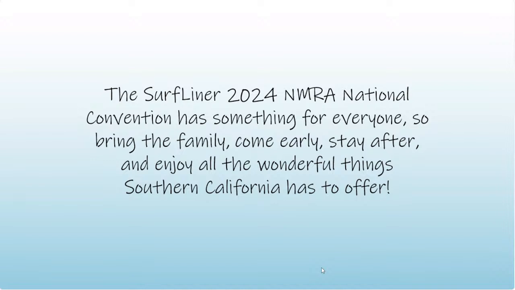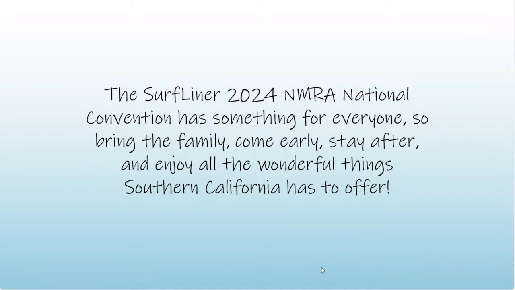Joel, you want to jump in and have anything to say about that? Yeah, there's so much to do for the family, and one of the things we love about the location is that Long Beach is central to the LA basin. So if you want to go to the iconic beach towns of Seal Beach or Venice Beach or Laguna Beach, they're all relatively close. Long Beach, of course, has its own beach, also the Queen Mary.